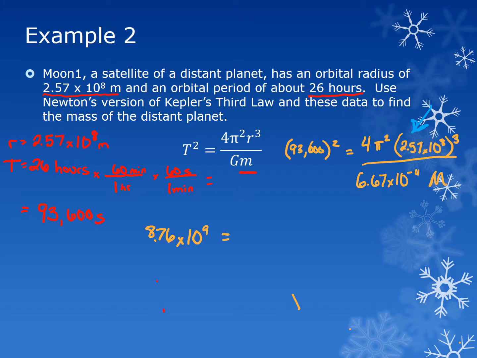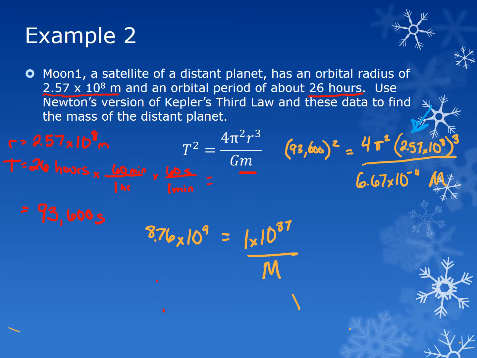So we have 4 pi squared times 2.57 times 10 to the 8 cubed divided by 6.7 times 10 to the negative 11. So on the other side, we have 1 times 10 to the 37 over mass.